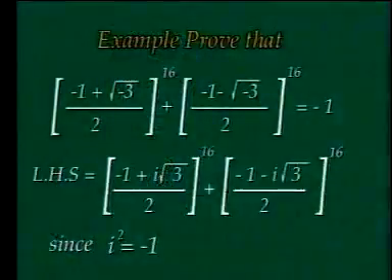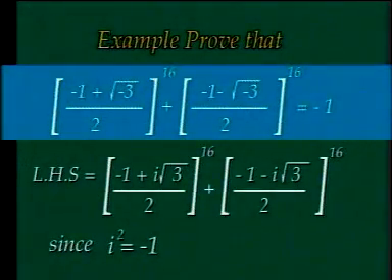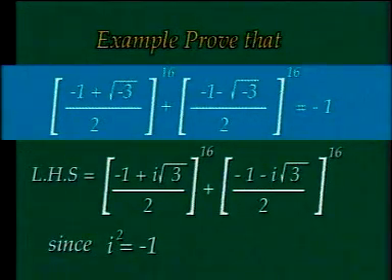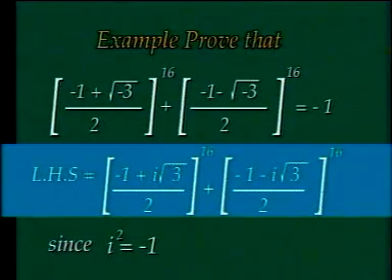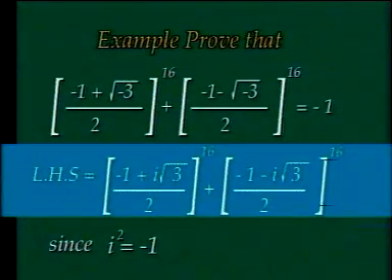Now we will use the properties of cube roots of unity to find out the solution of our problem. Let's see. This is given: prove that this is equal to minus 1. So we will take the left hand side, that is (minus 1 plus root minus 3 over 2) power 16 plus (minus 1 minus root 3 over 2) power 16.